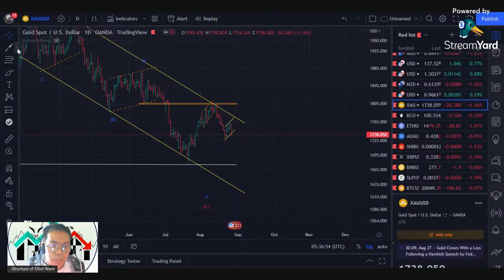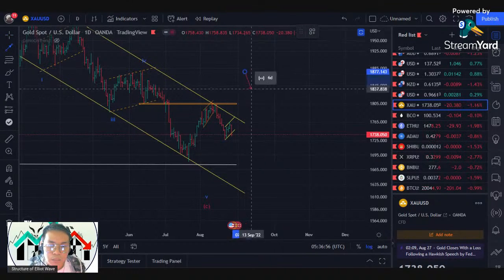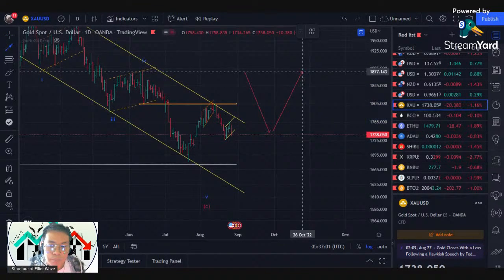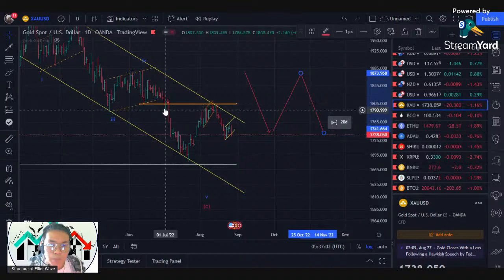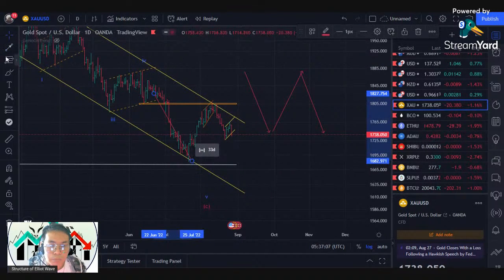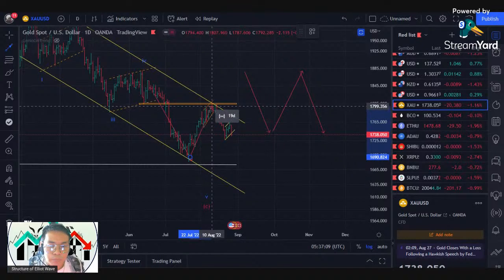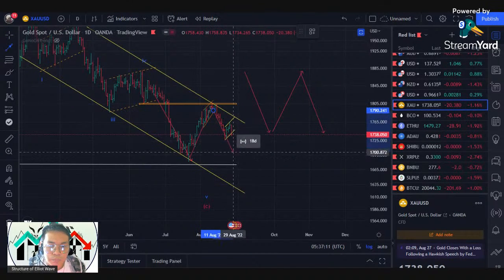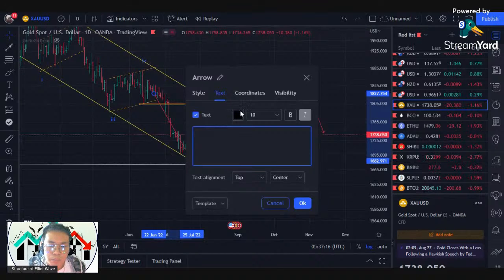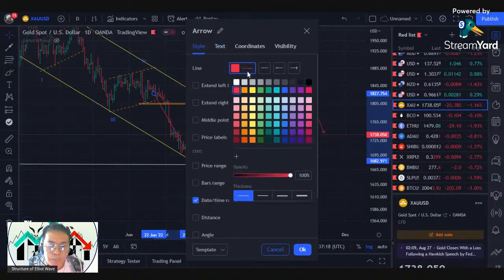Okay, it looks like this. This is the potential double bottom. Here you go. Yeah, this is what you see. We will have this topic in the future.